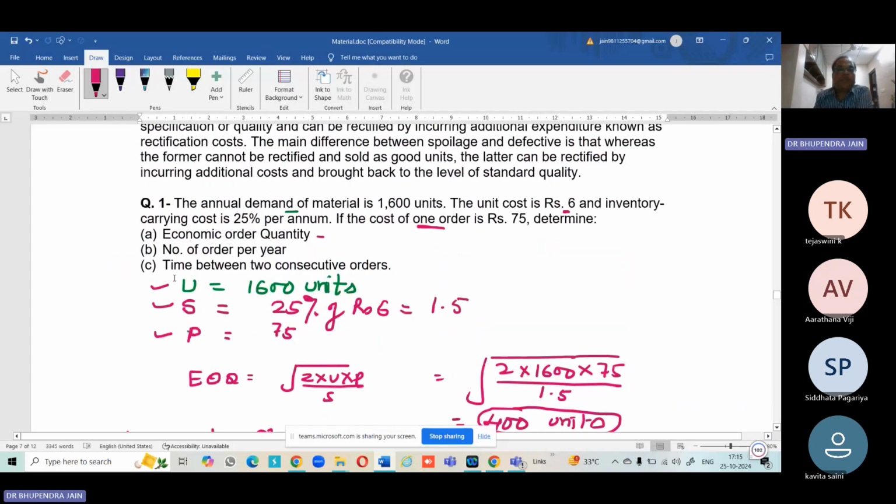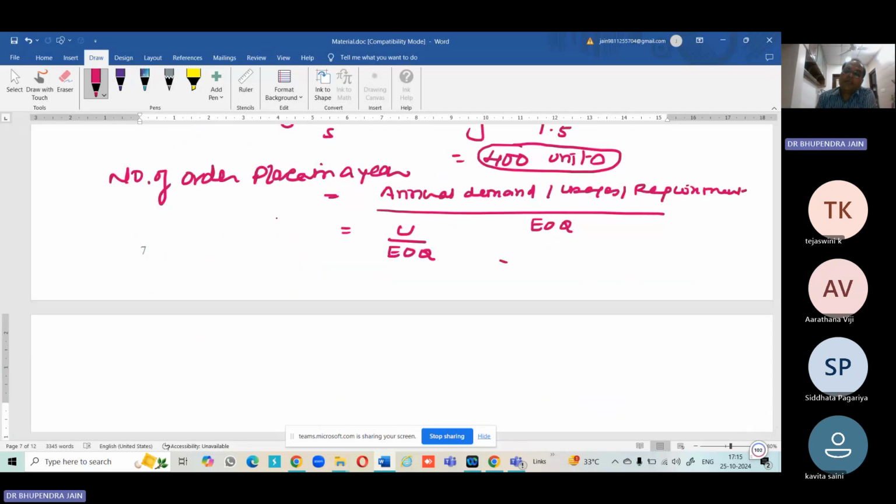The second part of this question says, calculate number of orders per year. Then how to calculate? U is 1600, economic order quantity is 400. Then we need to place 4 orders in a year.